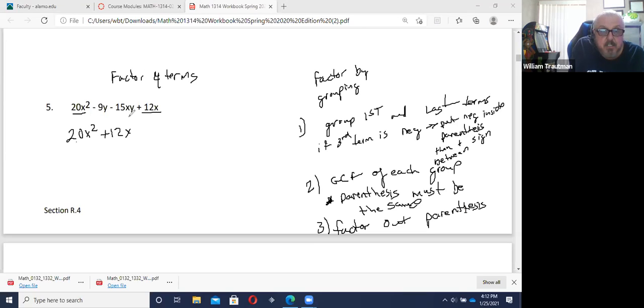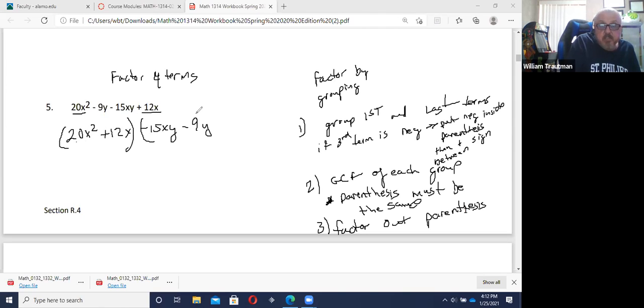And then I'm going to put my minus 15xy minus 9y. I still used all of them, but I rearranged them a little bit. And I don't know if this is going to work. I might have to rearrange them again. Put a parenthesis around the first two, put a parenthesis around the second two, put a plus sign between them.